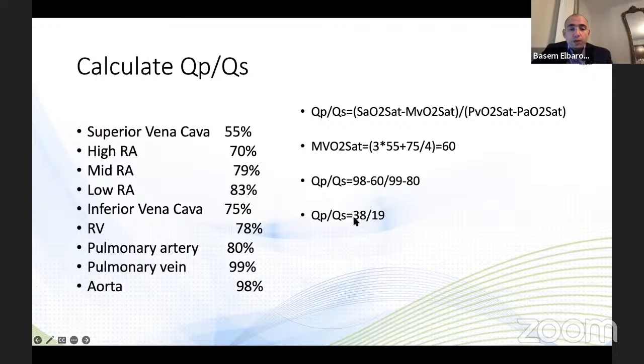Which equals 38 divided by 19. 38 divided by 19 is 2-to-1, which means that for every liter of blood going through the systemic circulation, 2 liters of blood has to go through the pulmonary circulation. So this is a shunt of 2-to-1, which is a very significant shunt. Now, this is a very good measurement of the severity of shunts, but other things to look at would be right ventricular dilatation, symptoms, etc.